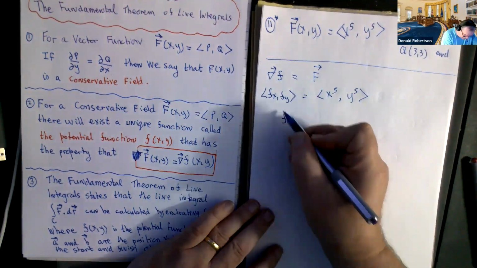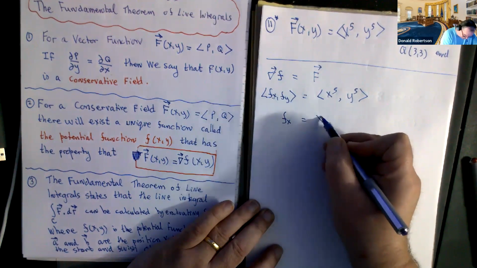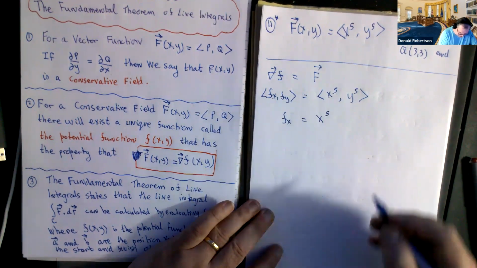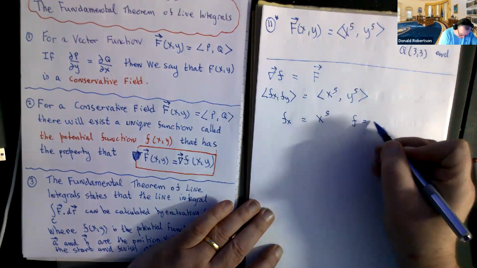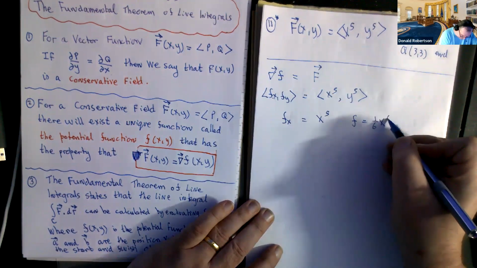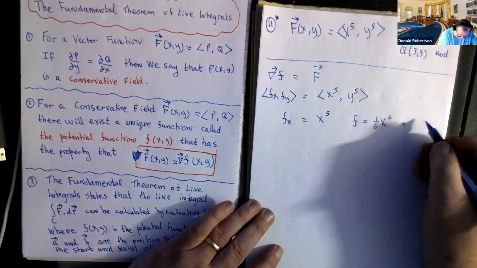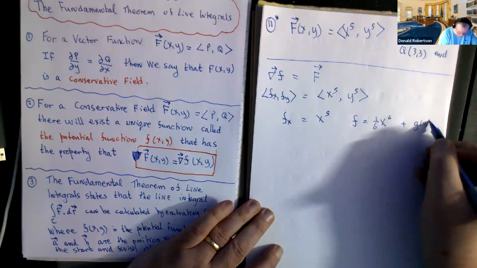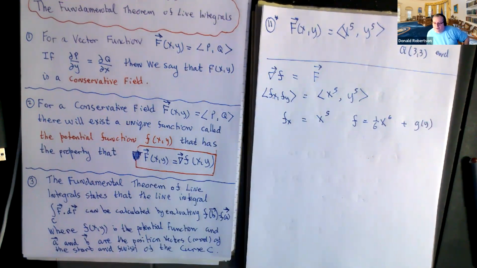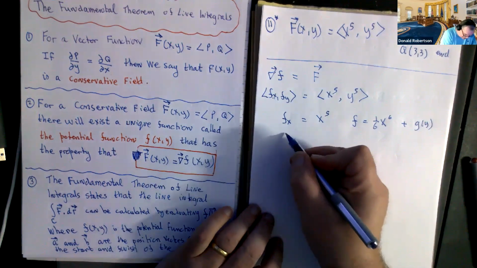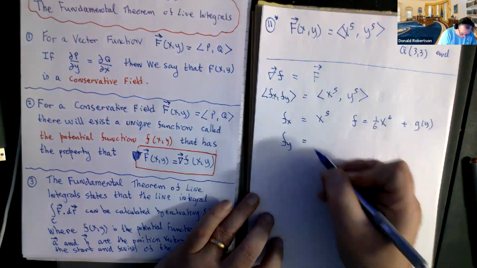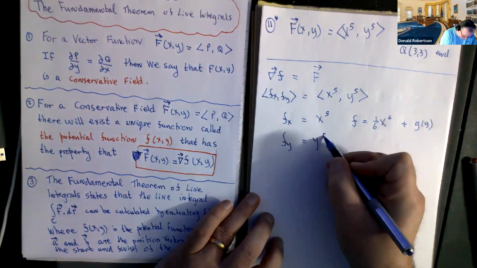Now we start by matching these two, we get this. And if we integrate it, we get 1/6 x to the 6 plus an arbitrary constant, which we consider to be some function of y because y is a constant. And then we do the other one.